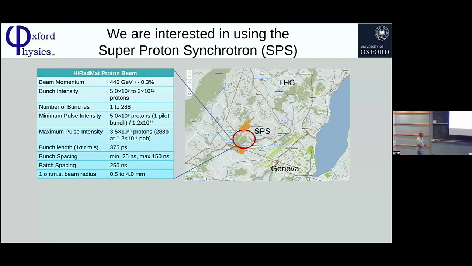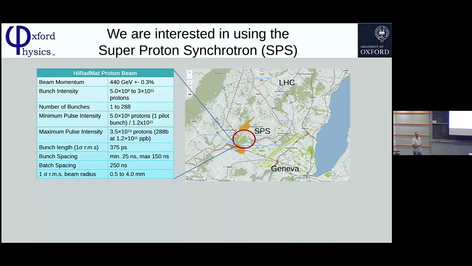The beam that the SPS provides is protons with an energy of 440 GeV. We can use up to 3 times 10^11 protons per bunch. The bunch duration is 375 picoseconds, and in principle one could use up to almost 300 bunches.